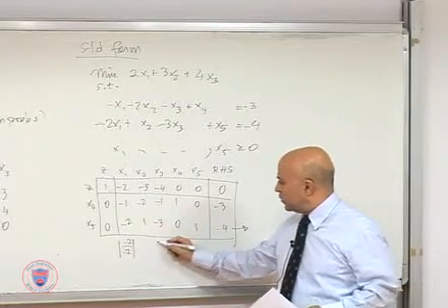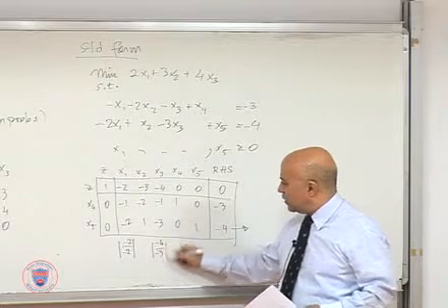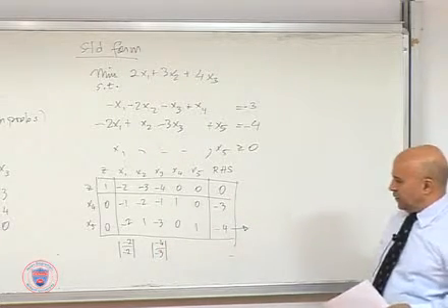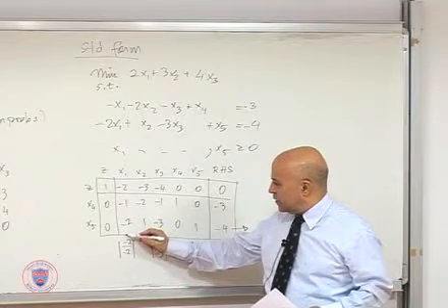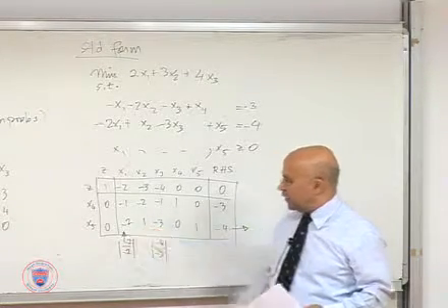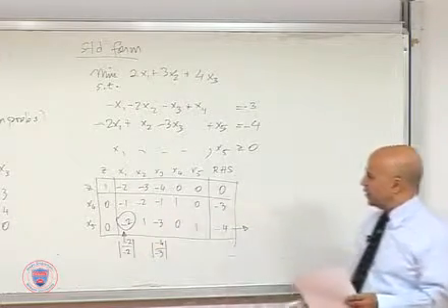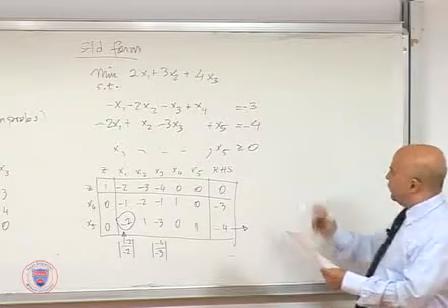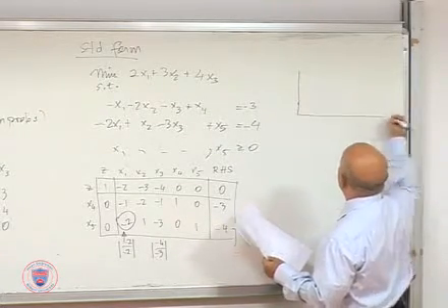Over here, we look at minus 4 divided by minus 3. This one is the smallest, so we enter that one. And we pivot on this element. When you pivot, we get the following.